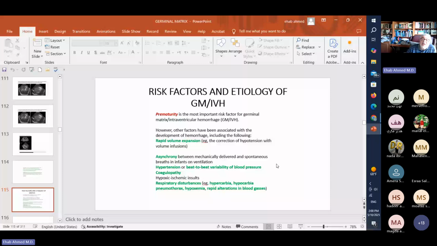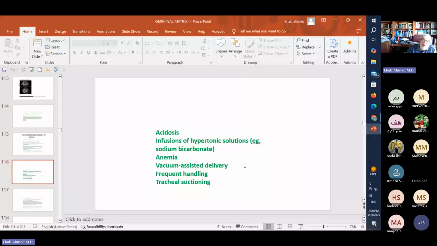From hypoventilated to hyperventilated baby. It's not a good idea. You are precipitating IVH. Acidosis, because acidosis can affect the autoregulatory mechanisms and interfere with their action.